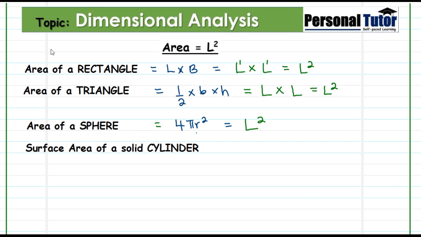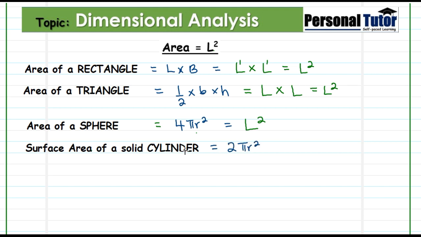Let's continue with surface area of a solid cylinder. It's an area, right? And mathematically, that is also expressed as the summation of the cross-sectional areas. One is pi r squared, and so two of them become 2 pi r squared.